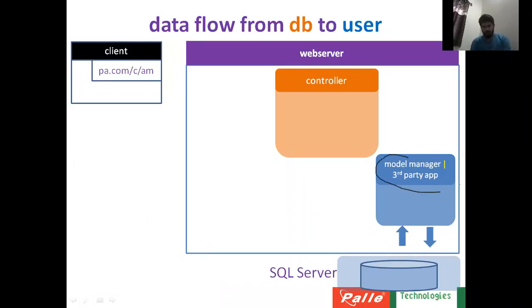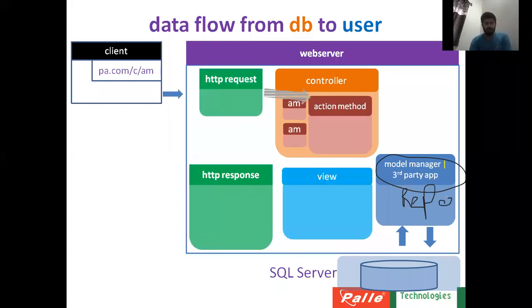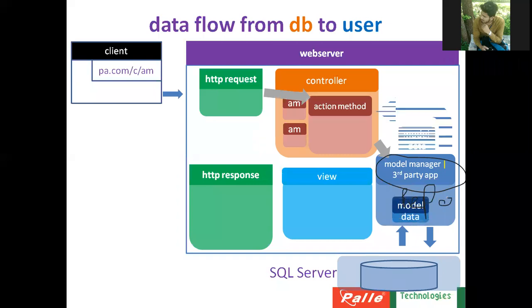In place of this, I used a repository and I used Entity Framework. Now I am getting my data into my controller. So my action method is receiving the model data. In this particular case, it is not one model, it is a list of patient models. List of patient models will be coming over.